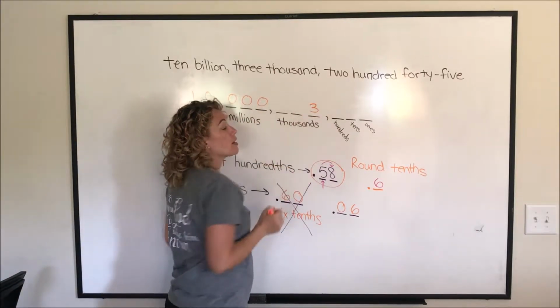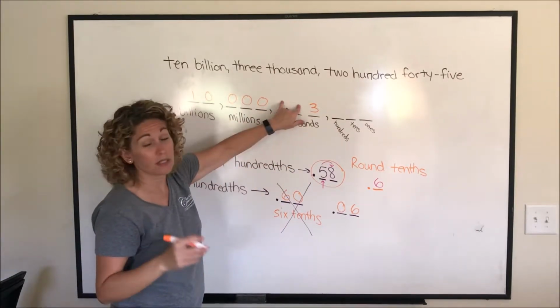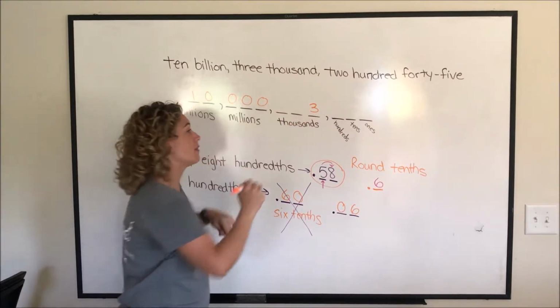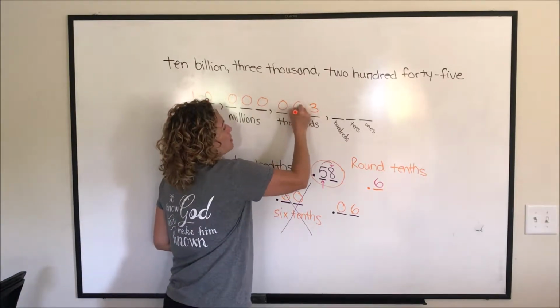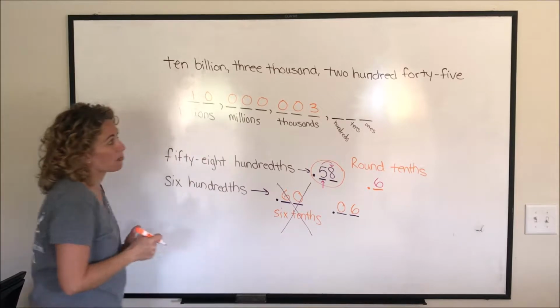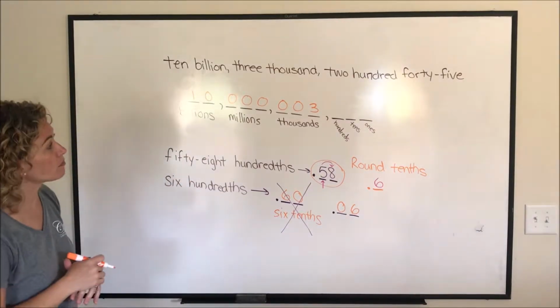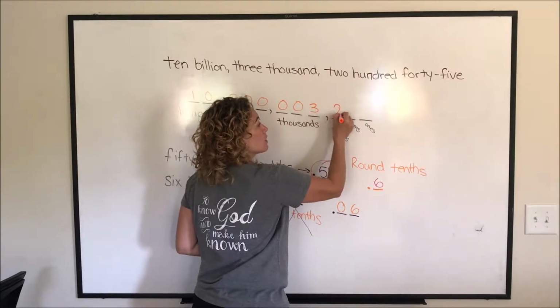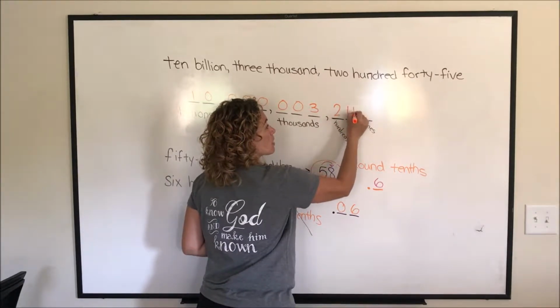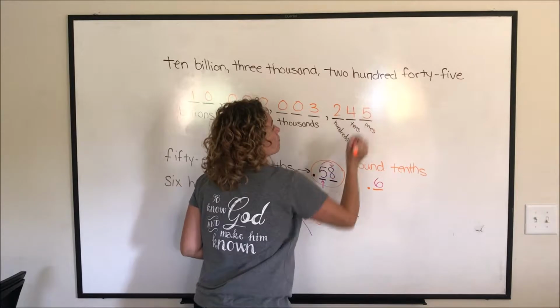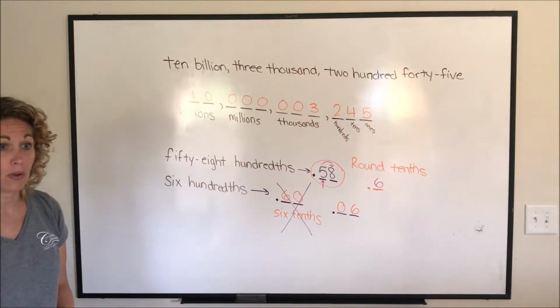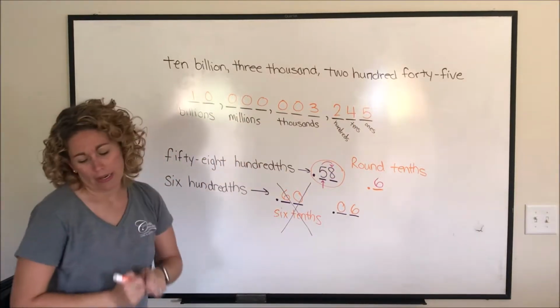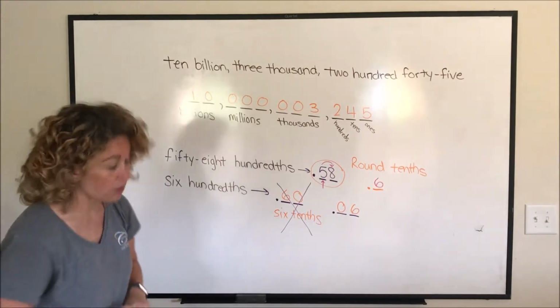So that's going to go here, which means these still have a number in them. And they would be zeros again. Okay, they don't disappear. Now we have 245, so 2 in our hundreds, 4 in our tens, and 5 in the ones.